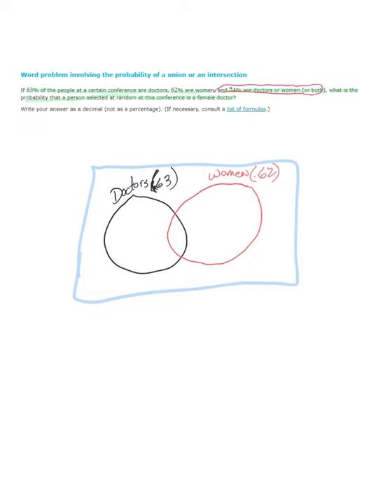So that means in these two circles, everything in here adds up to 74%. That means if I took all the doctors and added the women, that's going to be more than this 74%.